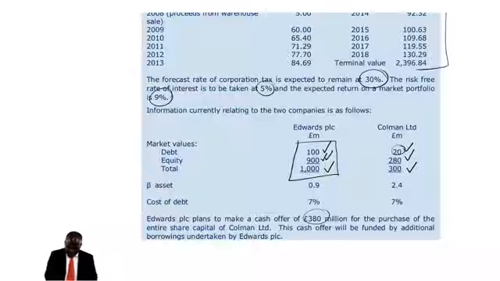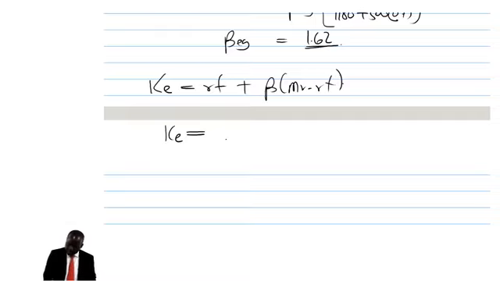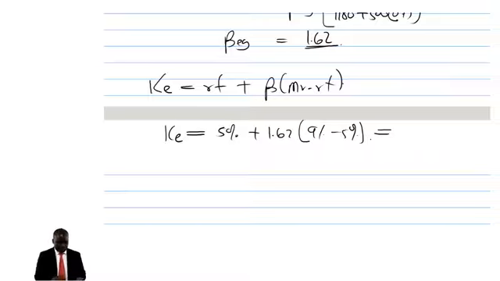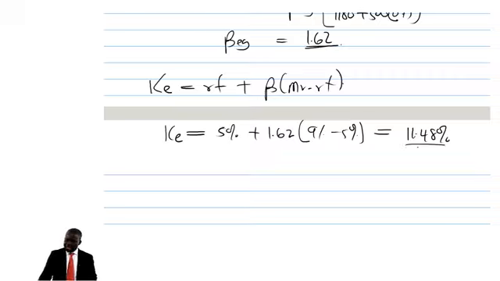You pick them quickly and then you move on. This is going to be 5% plus 1.62 times 9% minus 5%. And what will be the cost of equity? So 1.62 times bracket 9 minus 5, plus 5, is giving 11.48%.